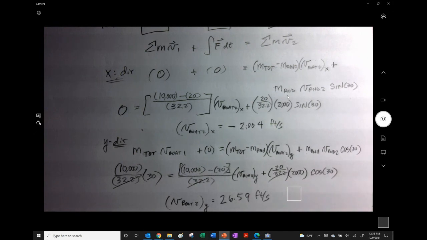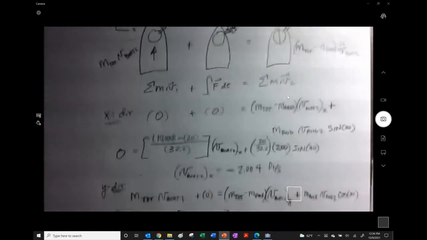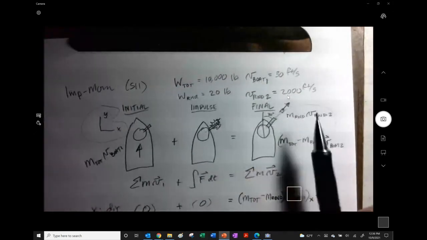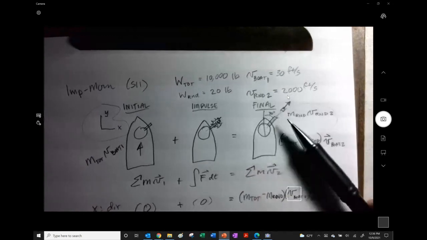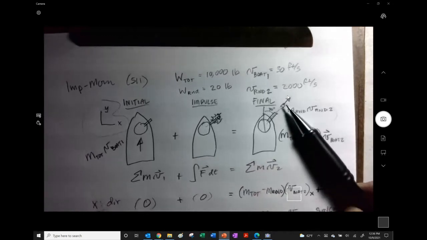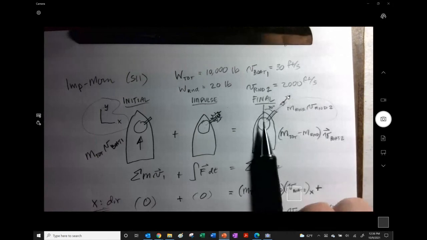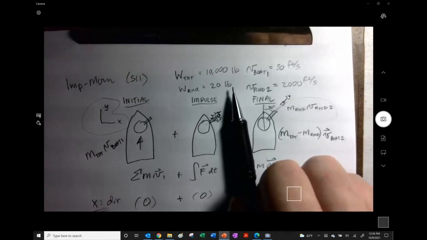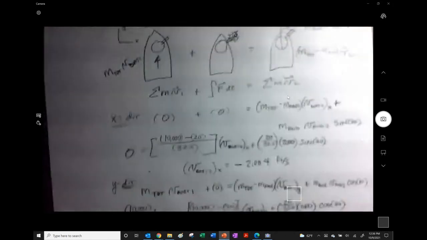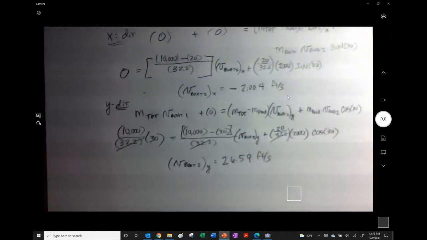So it slowed it down, which you can kind of anticipate it's going to do, right? It's firing off this 20-pound round. That's huge. And they're throwing that thing out there, and the boat was going fast, but now it's not going to go as fast because it just shot this thing out there, this reaction to it.